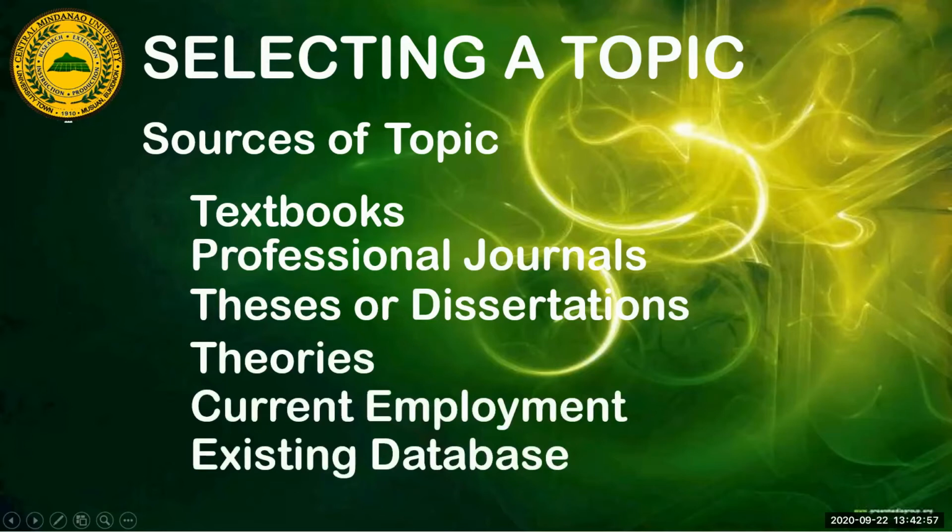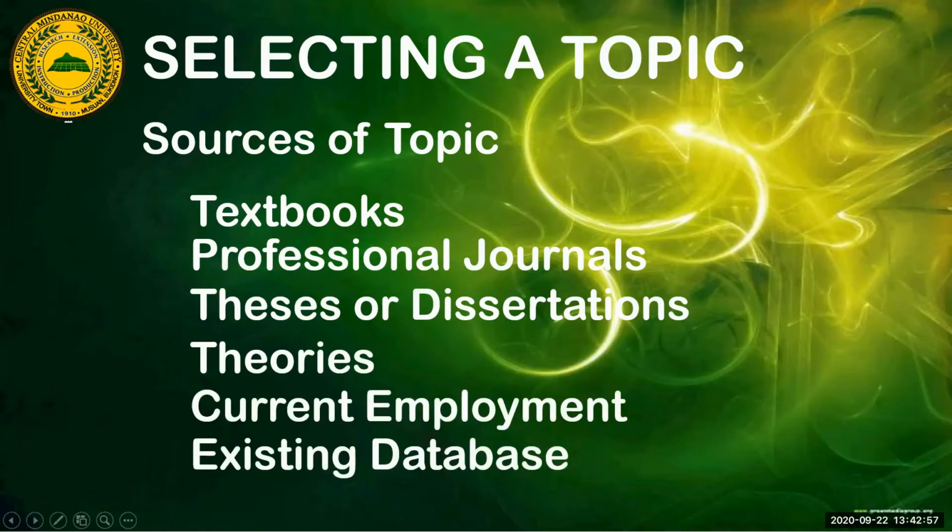So those are actually the different sources of topics that you can avail of in order to find a very good or suitable topic for your research, thesis, or dissertation. And of course, one way to find a very good topic is to read, and read.